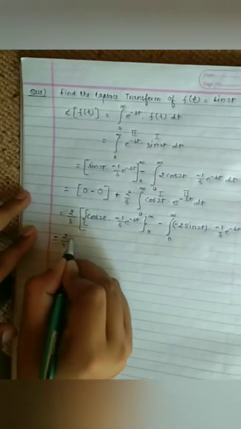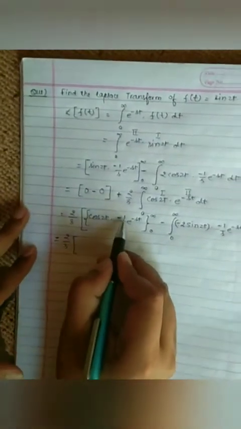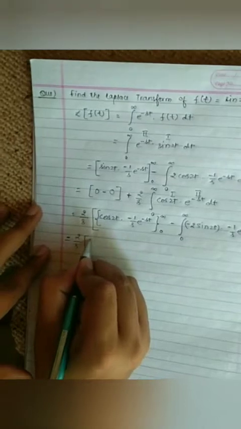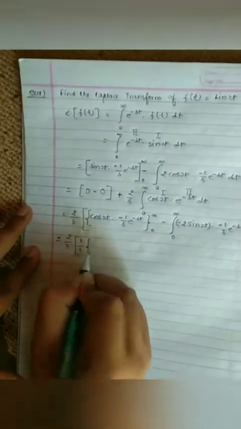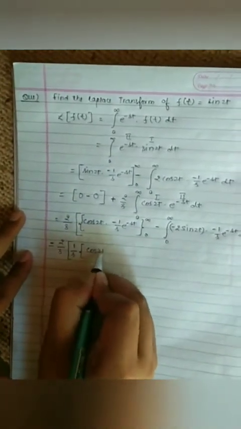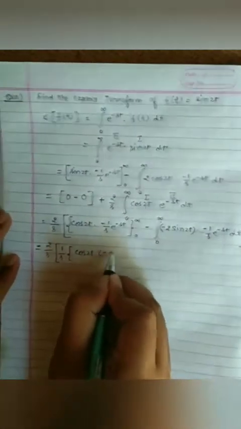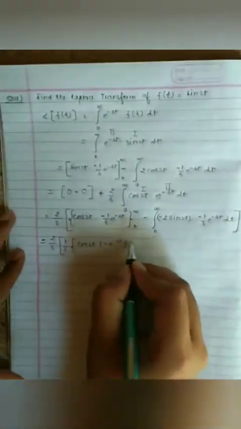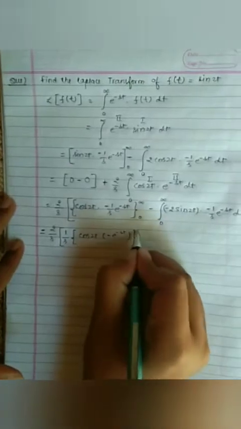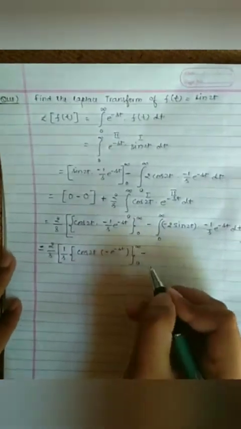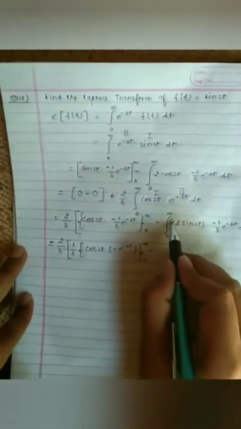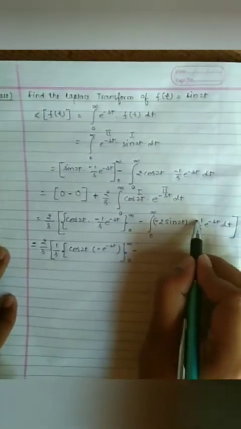We can write it 2 by s. When we take 1 by s out from here, 1 by s cos 2t minus e power minus st, limit 0 to infinity, minus, when we take this minus and this minus it will become plus.